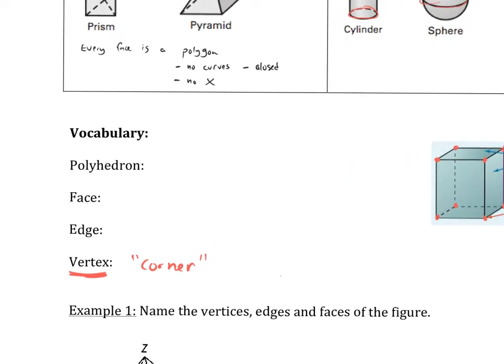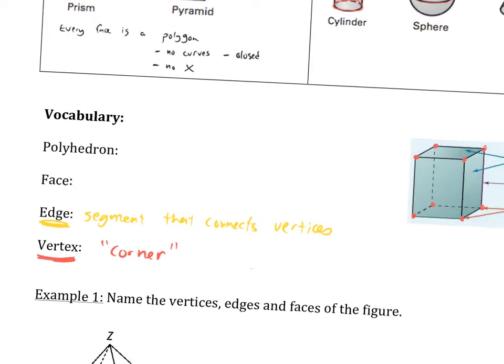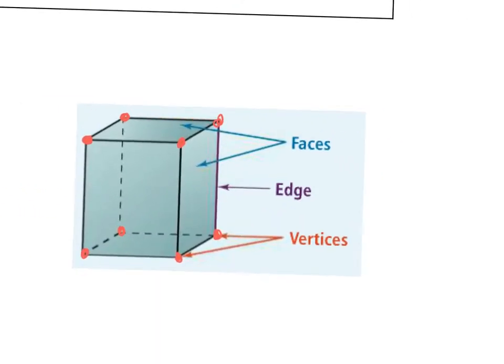Okay, next, an edge. An edge is any segment that connects vertices. So it is the walkway that gets us there.